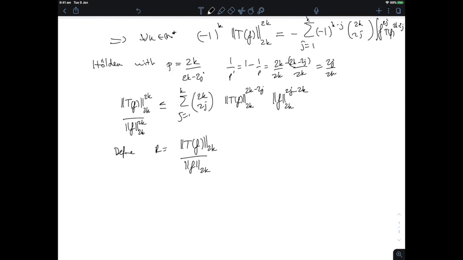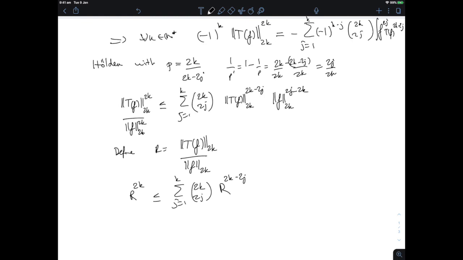I get that R raised to the power 2k is smaller than the sum for j equal 1 to k of (2k choose 2j) times R raised to the power 2k minus 2j. Now that's a relationship between the powers of this number R.